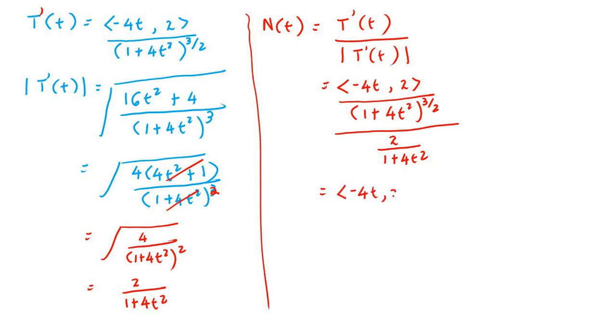So 4ti plus 2tj divided by (1 plus 4t squared) to the power 3 over 2, times the inverse, which is (1 plus 4t squared) divided by 2.